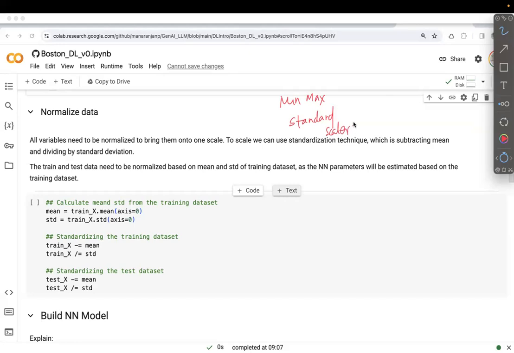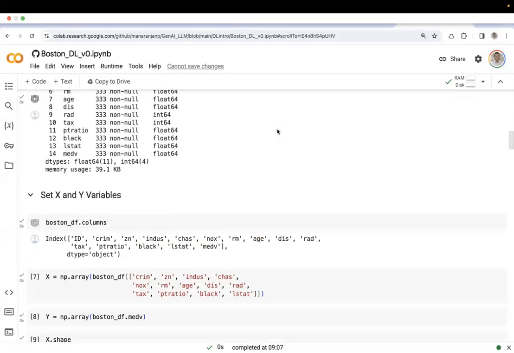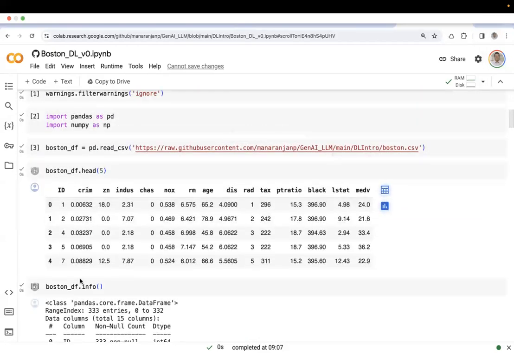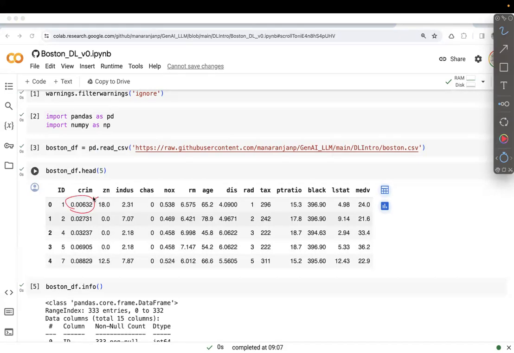Right. In the min max scaler, what you do is, for example, you want to scale the values of crime rate or age, because you can see these are all decimal values. These are in terms of tens, or probably 100, right? And this is probably hundreds. So they are definitely not on the same scale. You have to bring them all to the same scale. But normally what we do is, for example, we take this value, subtract the minimum value in this particular column.